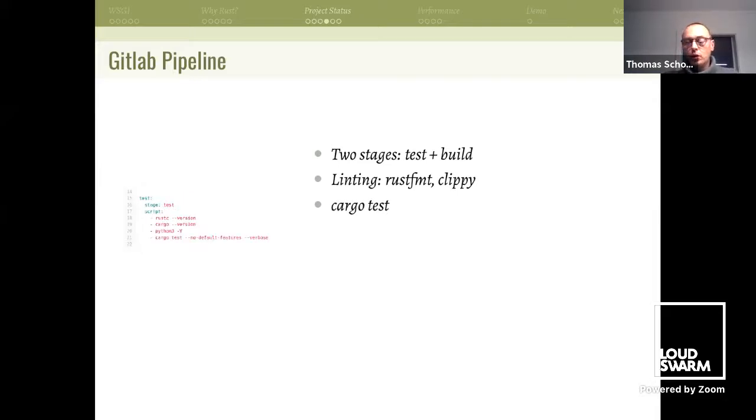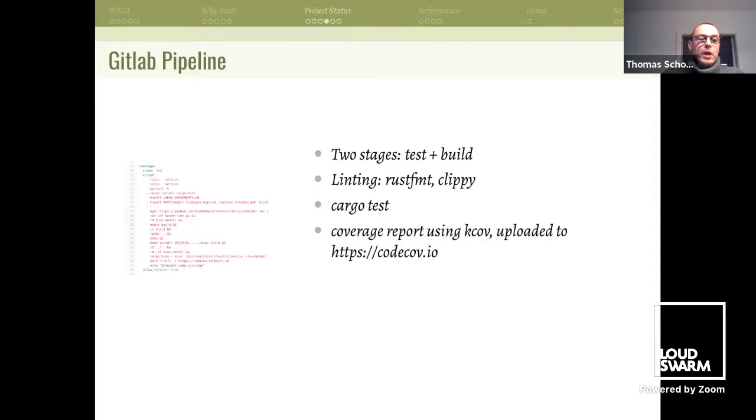Then I'm running the actual unit tests. And I'm creating a coverage report using kcov, which is a coverage tool working for compiled languages. I'm uploading the coverage to codecov.io because at the time when I started that project, codecov.io was the platform that explicitly supported Rust coverage, and coveralls.io didn't say so at that time, at least.